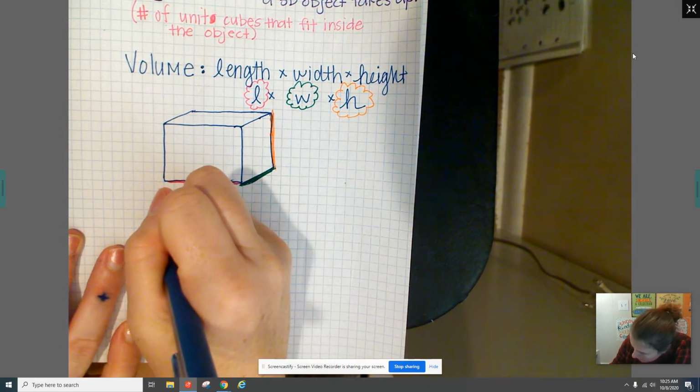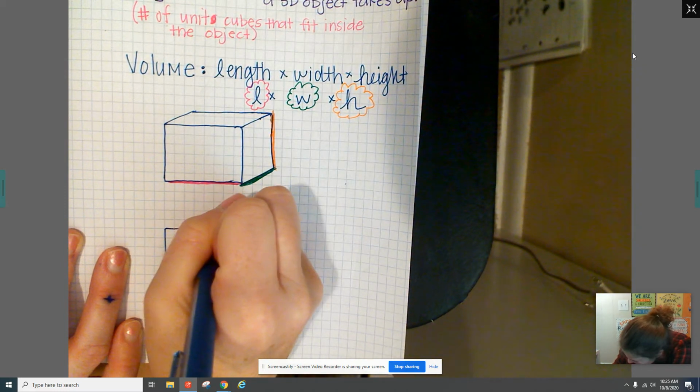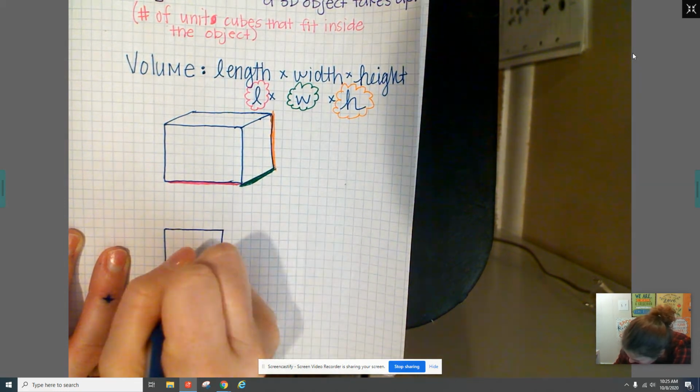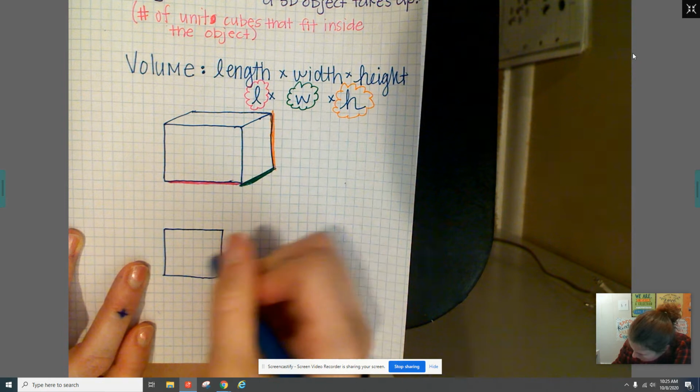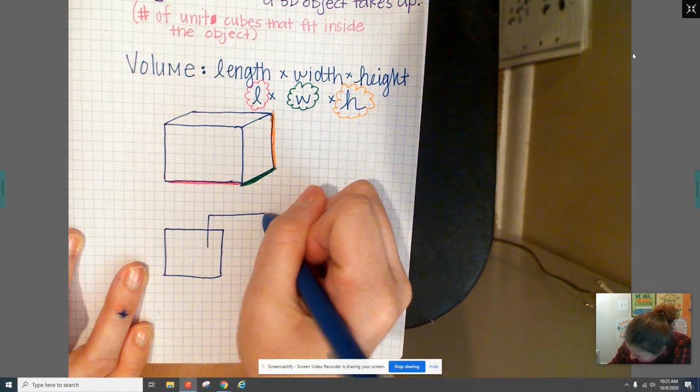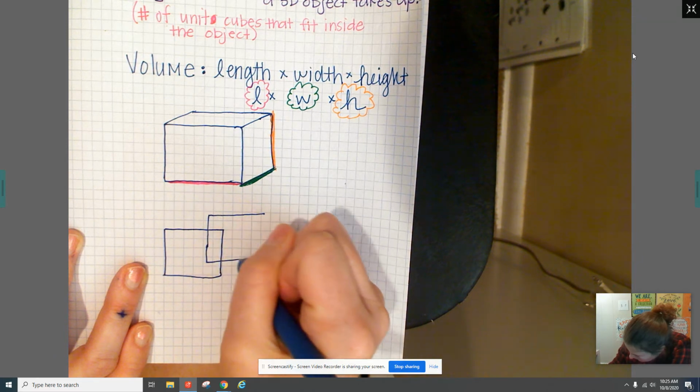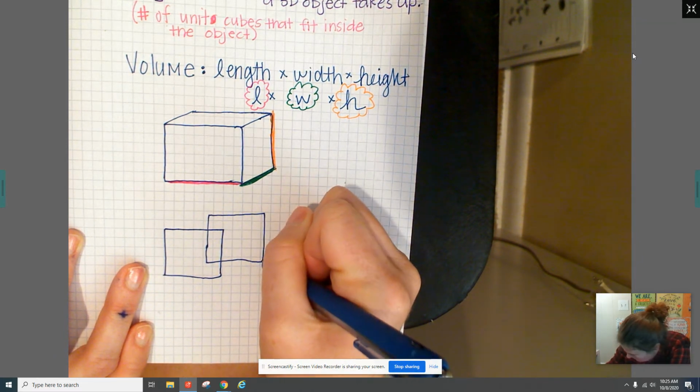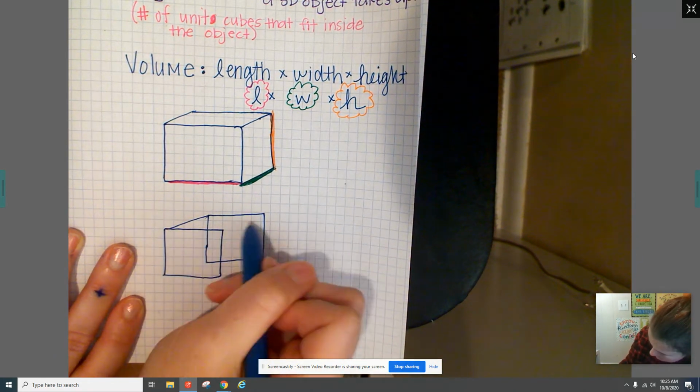So I'm going to draw me a rectangular prism. The other way I've seen it done is you draw two rectangles like this, and then you connect the corners, like this.